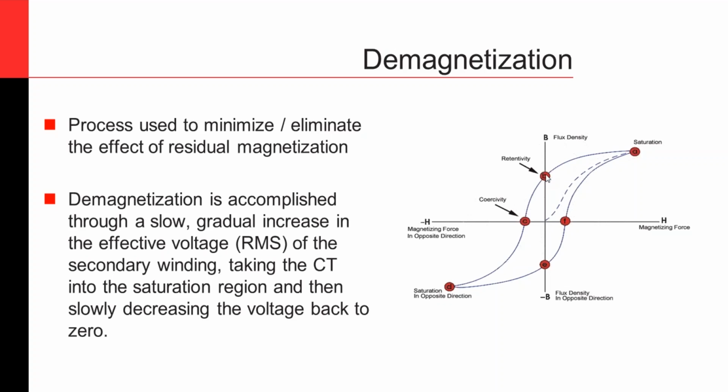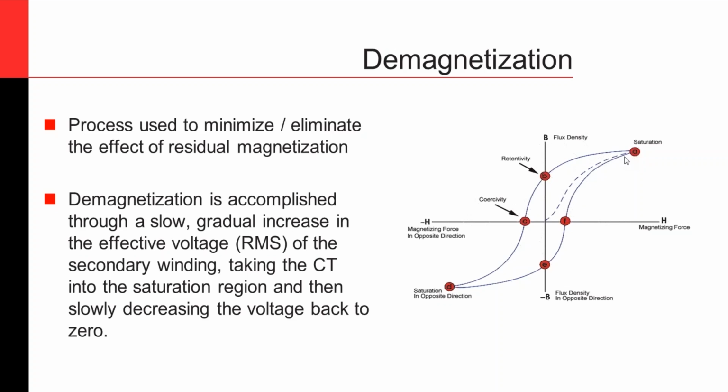So when you draw a graph between B and H, this right here is called coercivity. Even with zero flux density, the presence of some magnetizing force is called coercivity, and retentivity is the presence of flux density for no force. Nobody is pushing it, but still there is a flux present on the CT core.